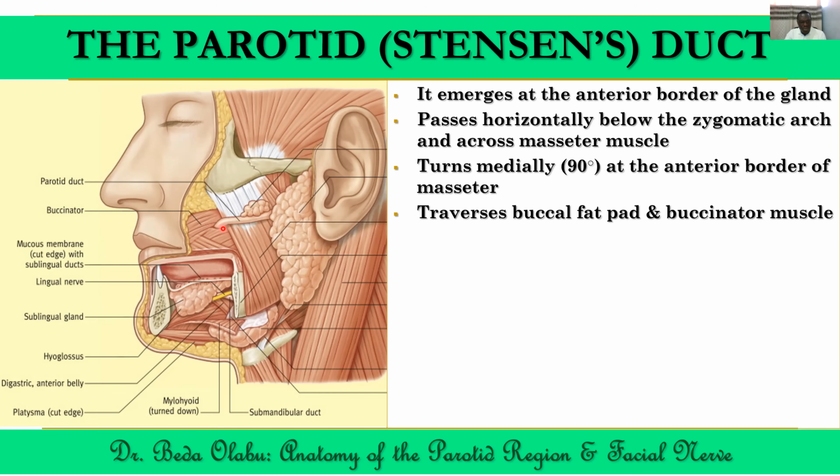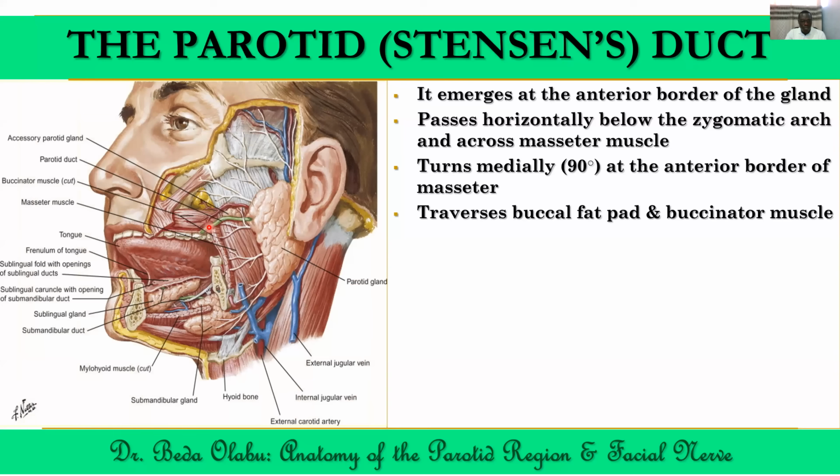So it will pass through the buccal fat pad and then pass through the buccinator muscle. This image shows you, this green one being the duct. So the 90 degrees turn is made around there. Then it will go through the buccal fat pad around there, then go through the buccinator muscle around there.